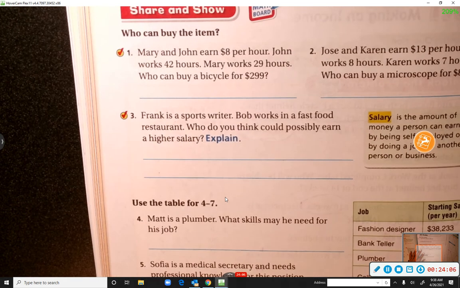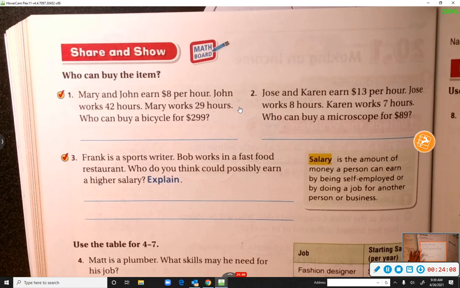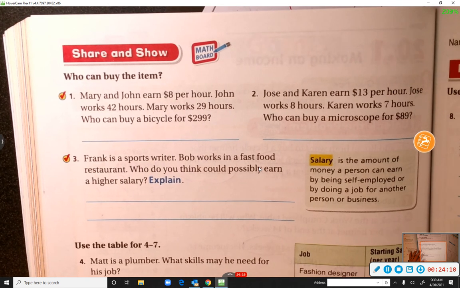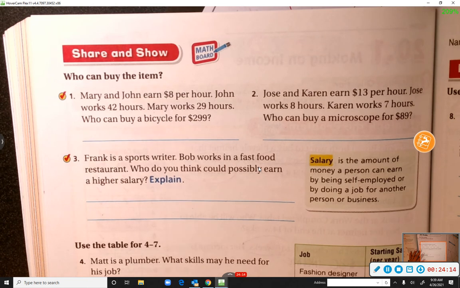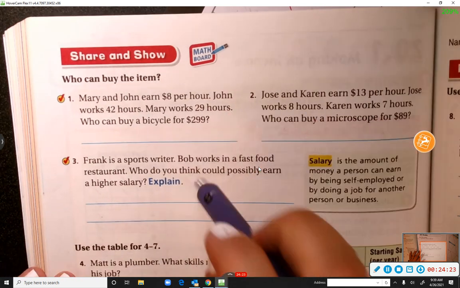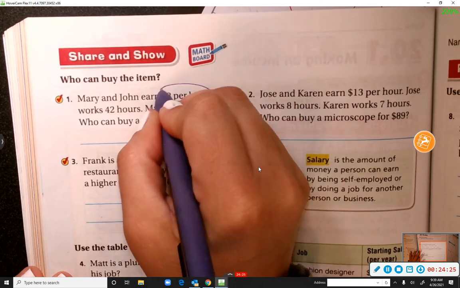Number 1, who can buy the item? Where we're doing the amount of pay times the hours that you work. So this is just multiplication, guys. Number 1 says, Mary and John earn $8 per hour. I want you to circle $8 per hour.